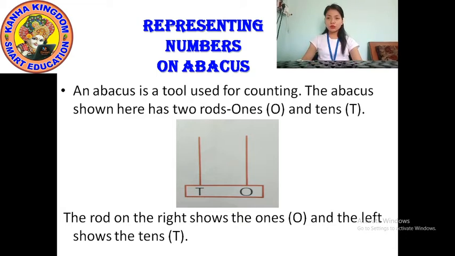An abacus is a tool which is used for counting. In math, it is used for counting. The abacus shown on the screen has two rods, right? It has two rods, ones and tens.